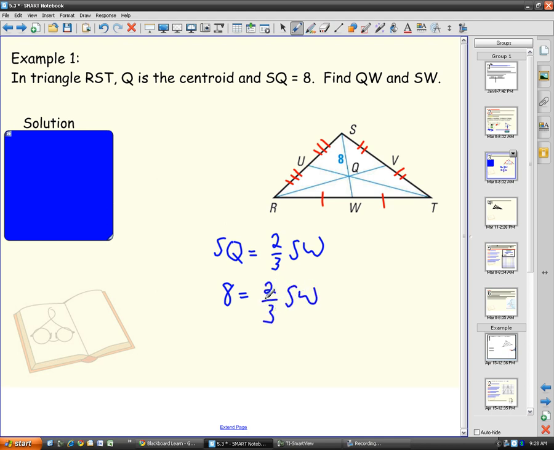I'm going to multiply by 3, which gives me 24 equals 2 SW, and then if I divide by 2, SW equals 12. So that's the length of the whole side.